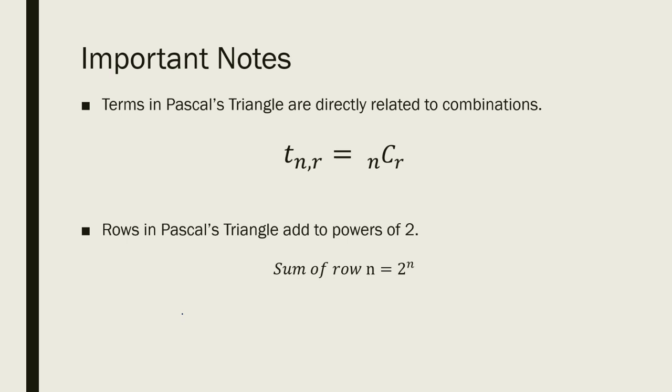And a consequence of those terms in Pascal's triangle being combinations is that the rows in Pascal's triangle add to powers of 2. So for example, for row 10, we don't need to actually make Pascal's triangle all the way down to row 10. We just know that the sum in row 10 will be 2 to the power of 10, or 1024. So those are the important takeaways you guys should know about Pascal's triangle.